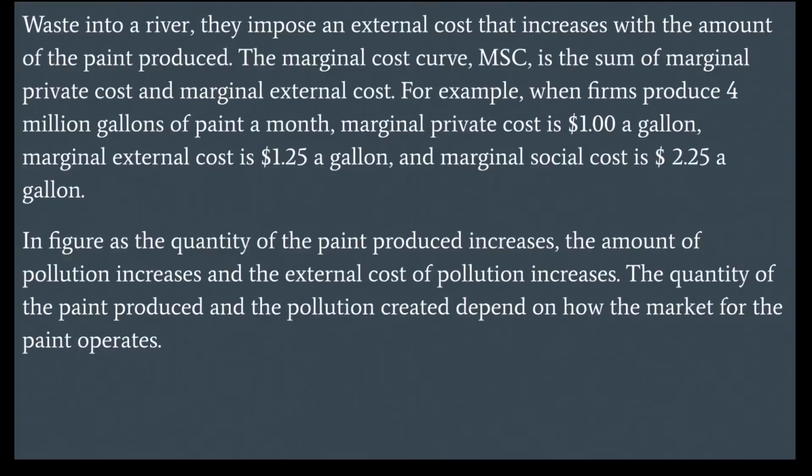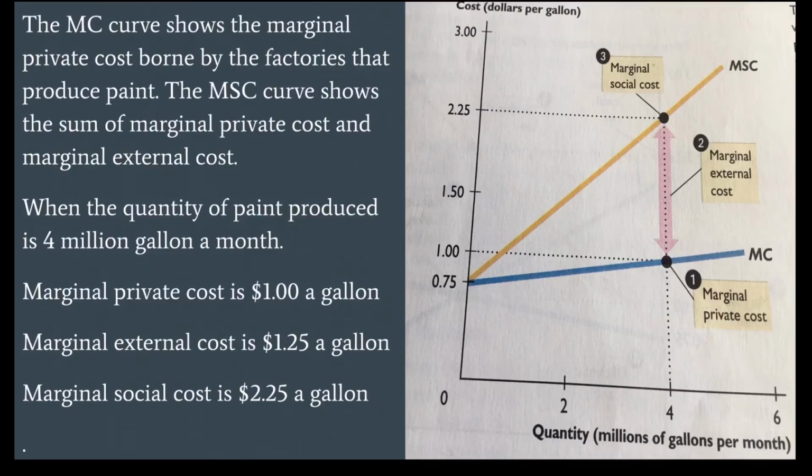In the figure, as the quantity of paint produced increases, the amount of pollution increases and the external cost of pollution increases. The quantity of paint produced and the pollution created depend on how the market for the paint operates. The MC curve in the figure shows the marginal private cost borne by the factories that produce paint.